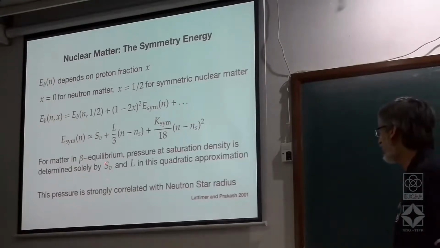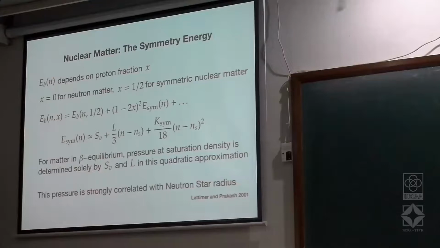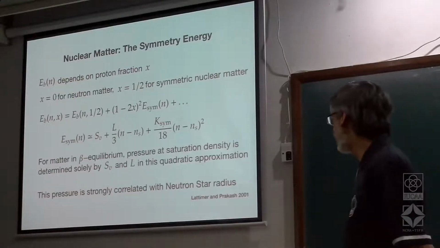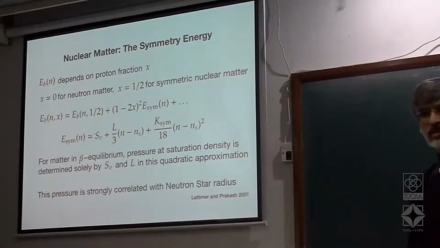And this pressure is actually strongly correlated with the neutron star radius. If you take pressure at nuclear density, the radius of the neutron star seems to be very strongly correlated with it. It depends on that much more than any other aspect of the equation of state.